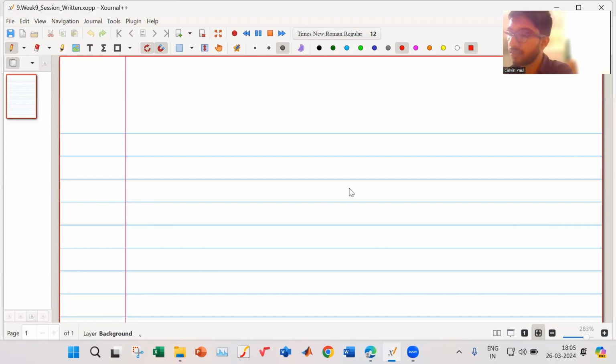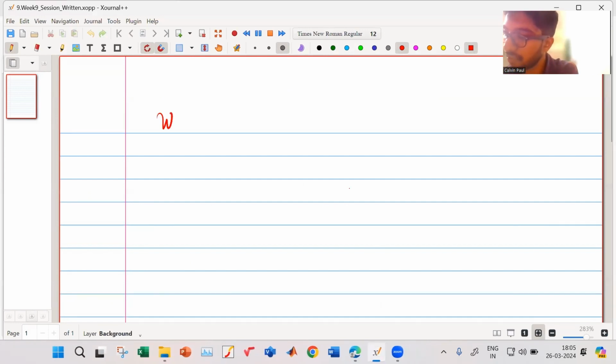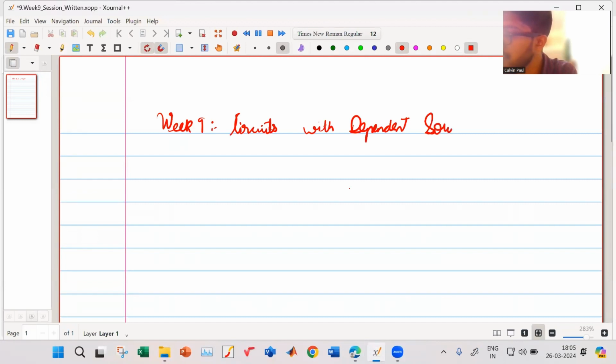So today, this time it is week 9. We are solving circuits with dependent sources.